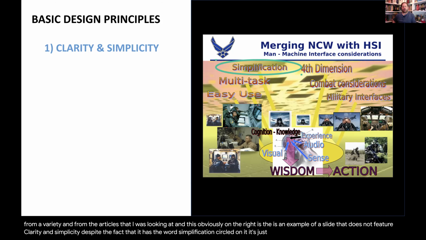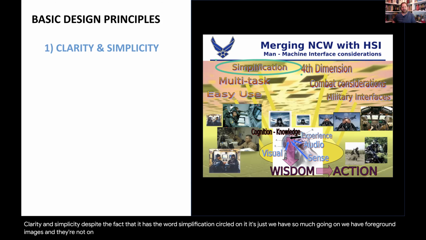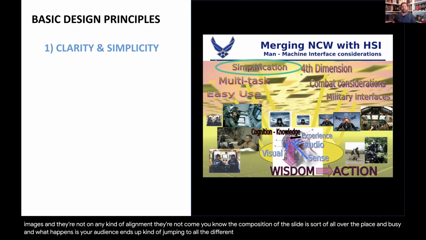It's just we have so much going on. We have foreground images, and they're not on any kind of alignment. The composition of the slide is all over the place. It's just really messy and busy. And what happens is your audience ends up jumping to all the different elements and gets distracted.